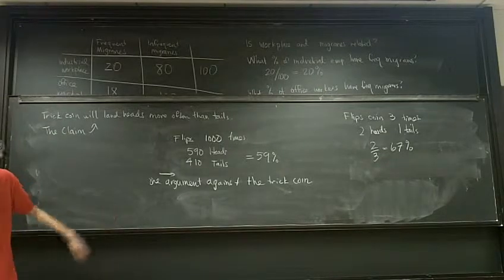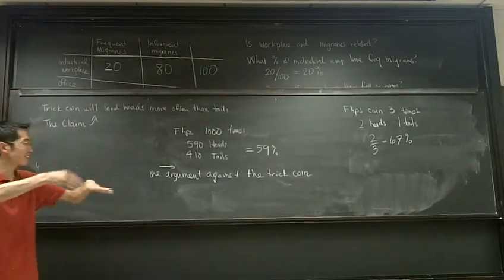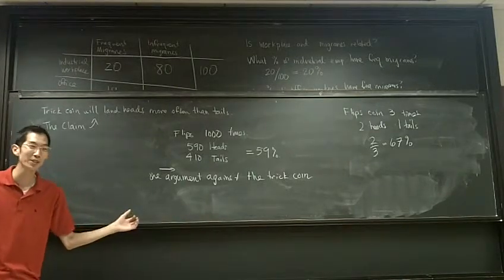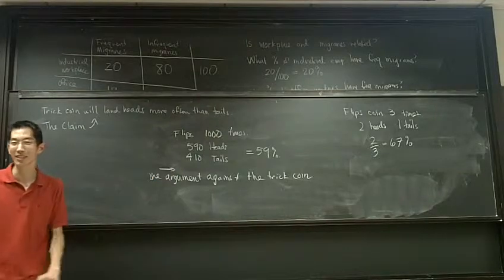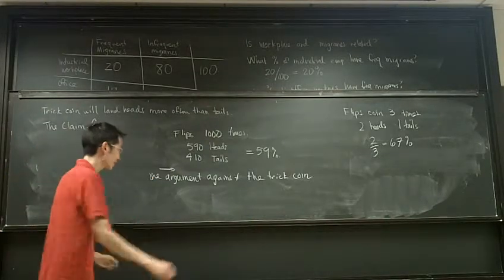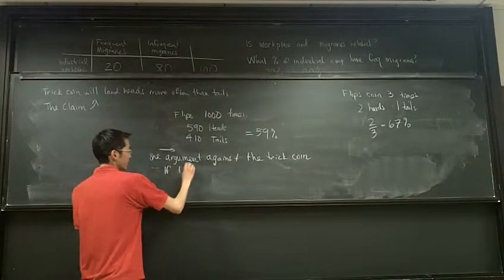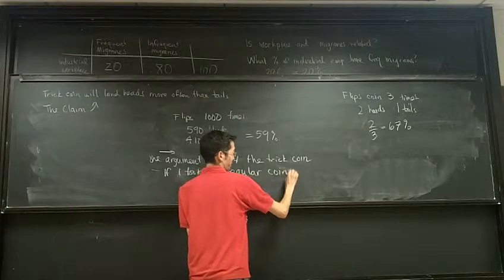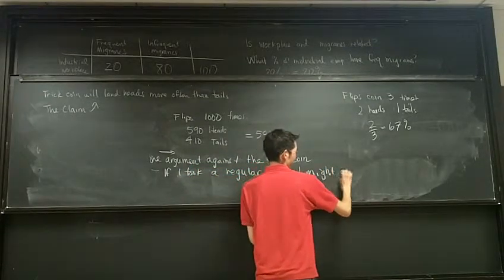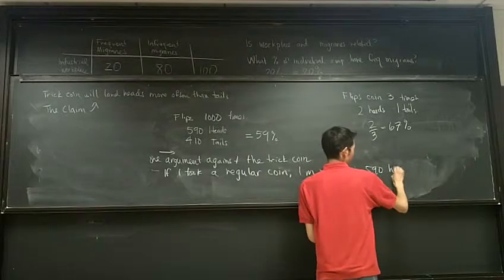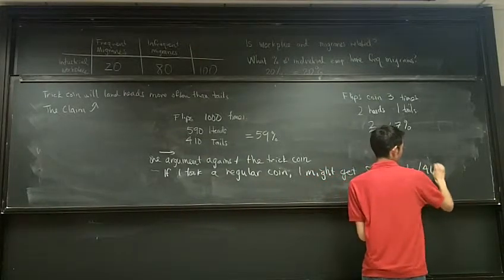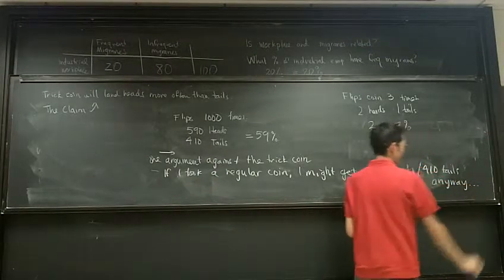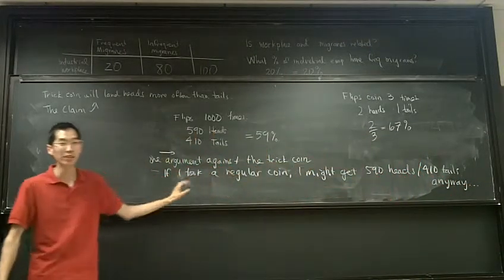But then the business partner says, well, I don't know, because if I took a regular coin, I might get 590 heads and 410 tails anyway. So that's one argument, all right?